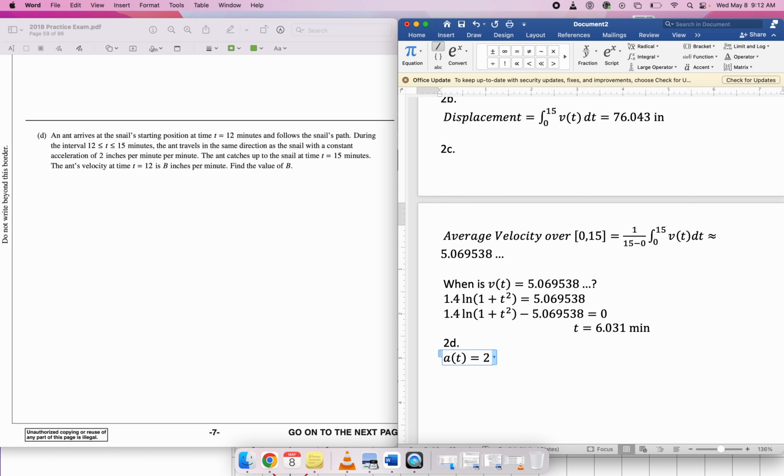Yeah, this is hard. Off the top of my head, I don't know how to do it, so I have to think. So I know that because the acceleration is constant, the velocity function will be 2t plus some unknown c.